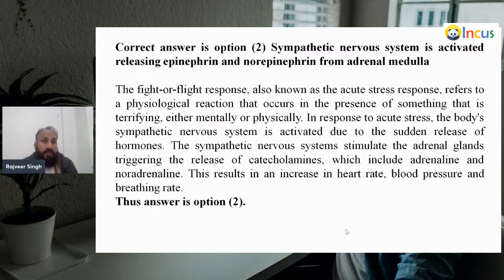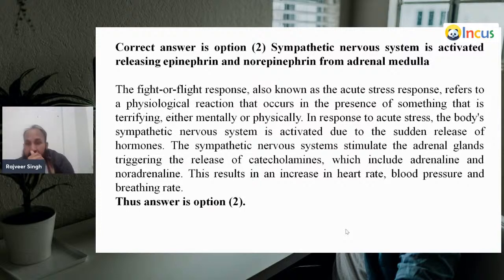Let me explain. The fight or flight response, also known as the acute stress response, refers to a physiological reaction that occurs in the presence of something that is terrifying, either mentally or physically.